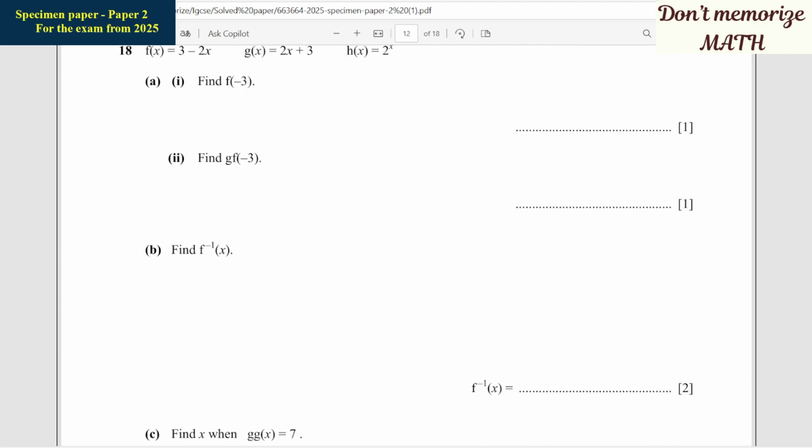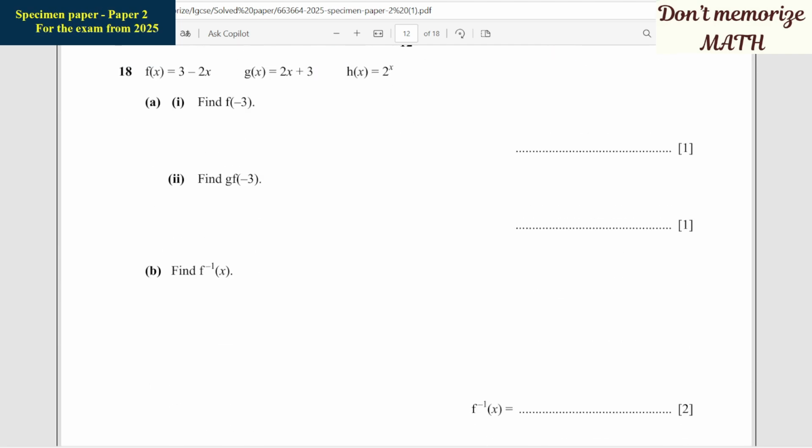The next question is question number 18, that is function. The first question: find f of negative 3. Just see here, we need to find f of negative 3.